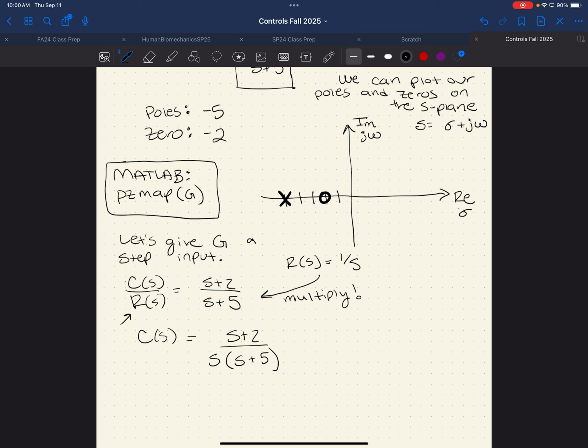Great, now what? What if I want to know the time domain response to this step input? What should I do to this thing that I have here? Inverse Laplace transform, absolutely.